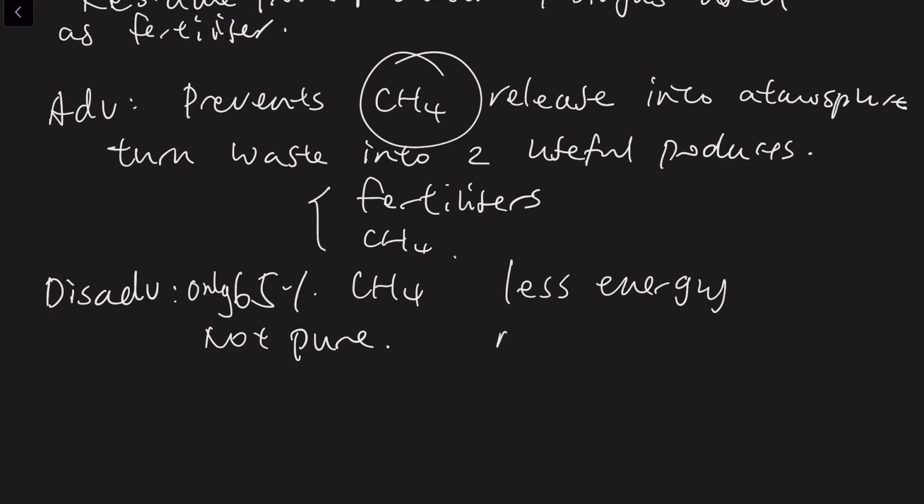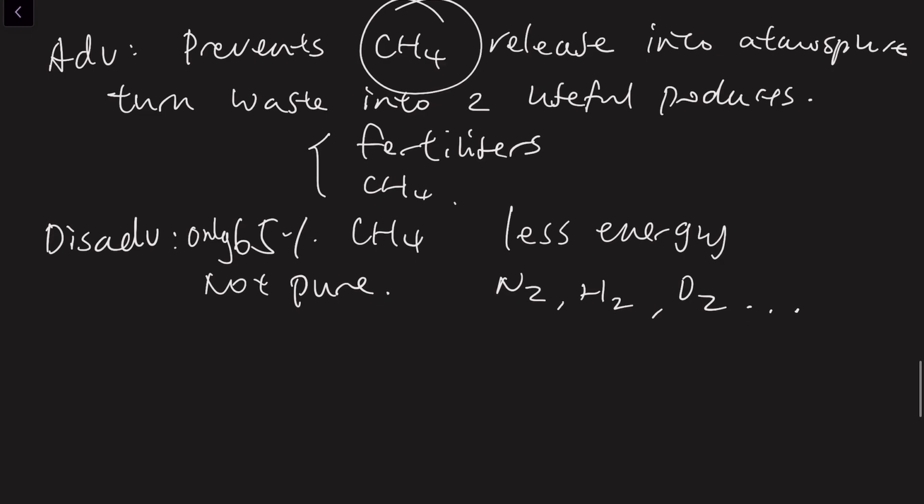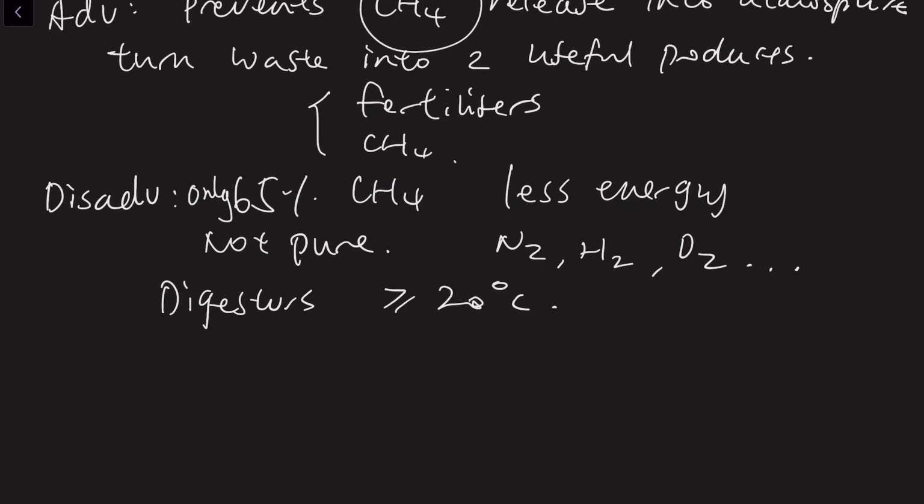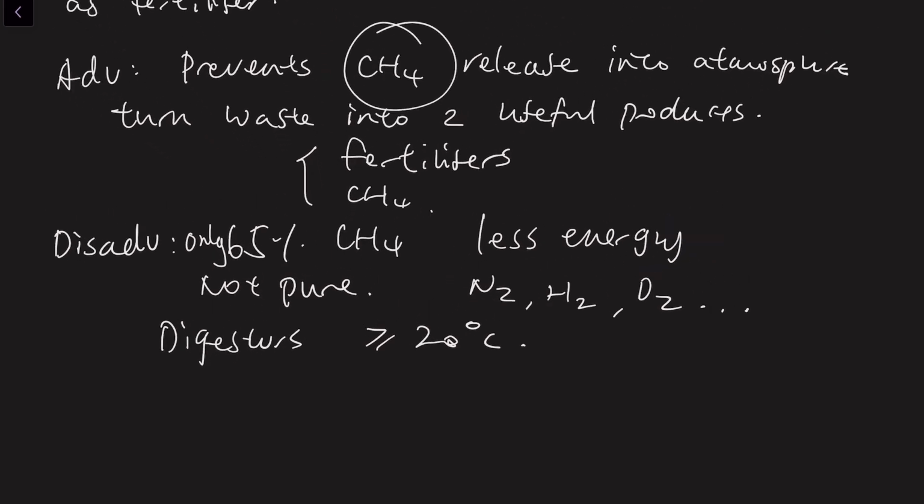It contains things like nitrogen gas, hydrogen gas, oxygen gas, etc. Also, the digesters can only operate if the temperature is above 20 degrees. So in cold countries, it is actually very difficult to produce biogas. So this is the brief introduction of the 3 types of biofuels covered in the VCE chemistry study design.